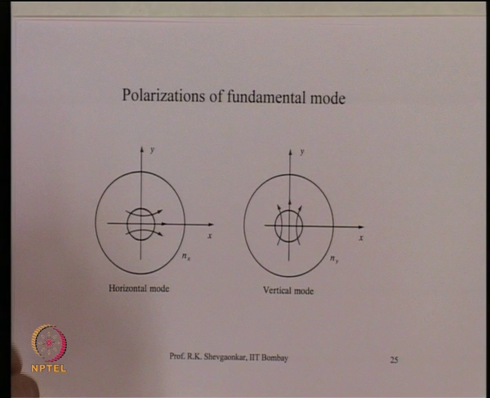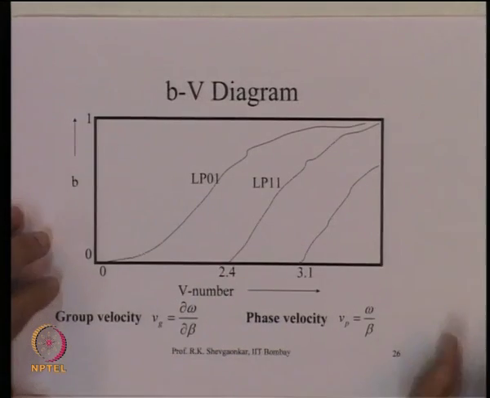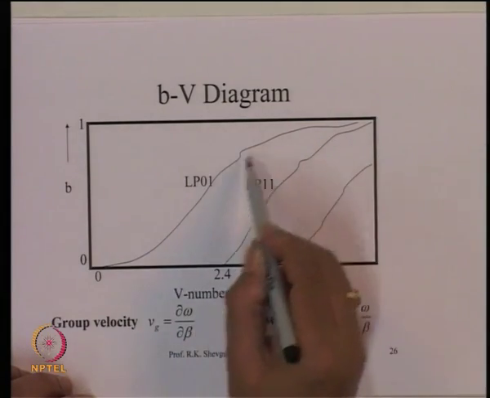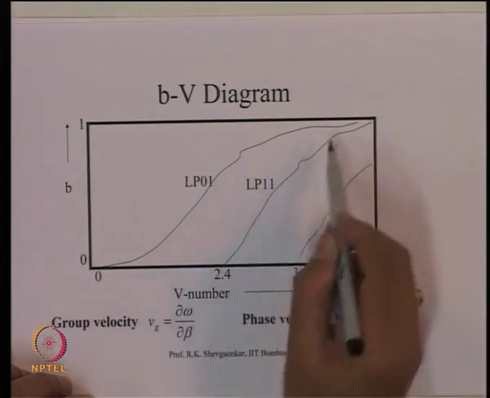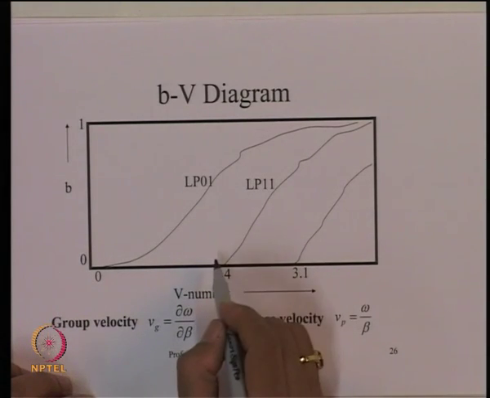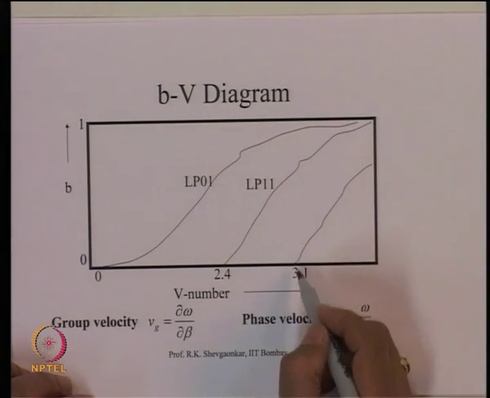So, if I now look at the b-V diagram for the LP modes, as we have seen, the HE11 mode has become the LP01 mode. So, this is more or less the same as what we saw earlier. The cluster of three modes has now become the LP11 mode, and then so on.